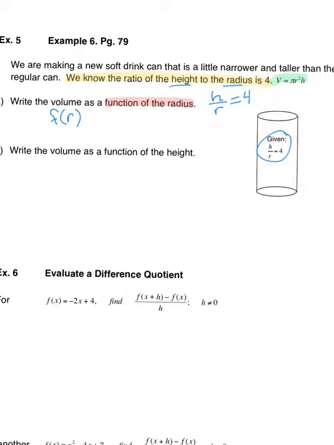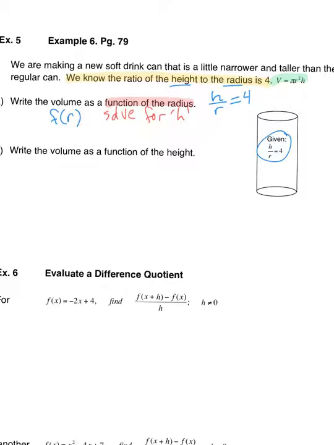So that means that r is your input, and your output is going to be the other variable, h. So I want it to be in terms of r because r is my input. So I want this equation right here to be something equals stuff in terms of r. So I'm going to solve it for h.